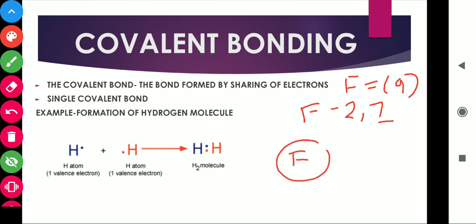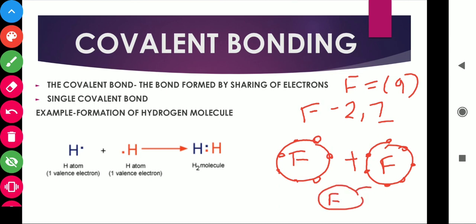F. Here in the valence shell 1, 2, 3, 4, 5, 6, 7, 7 electrons are present. Plus again F, 1, 2, 3, 4, 5, 6, 7. One electron from each will come together for sharing to achieve 8 electrons.